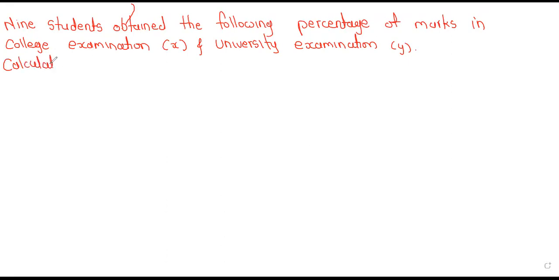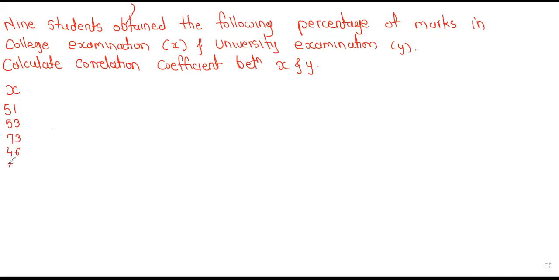Okay, so here we have been given the values of X and Y. The values of X are 51, 53, 73, 46, 50, 60, 47, 36, and the last value is 60.